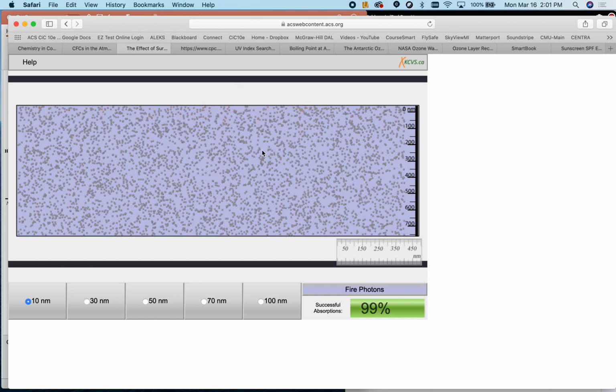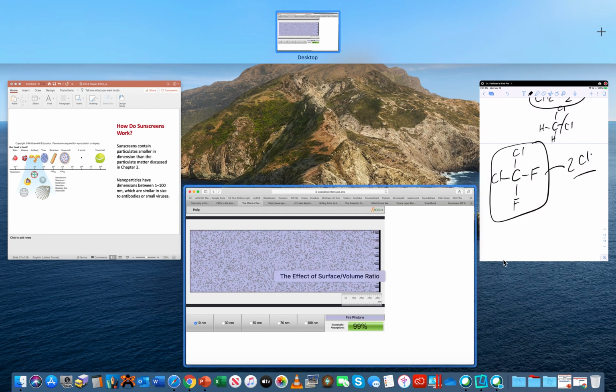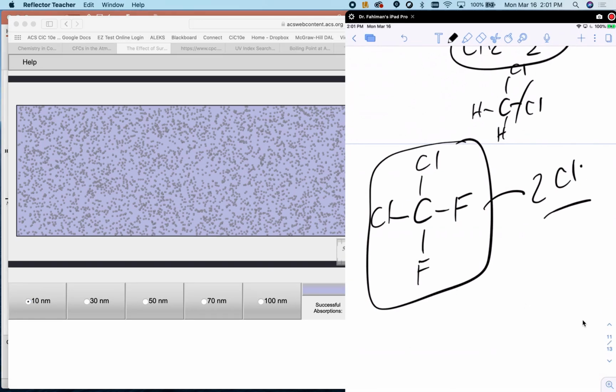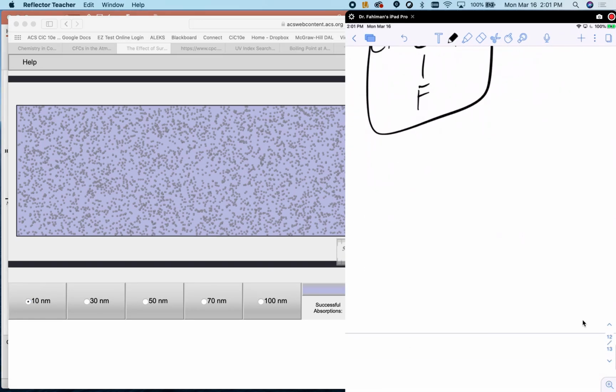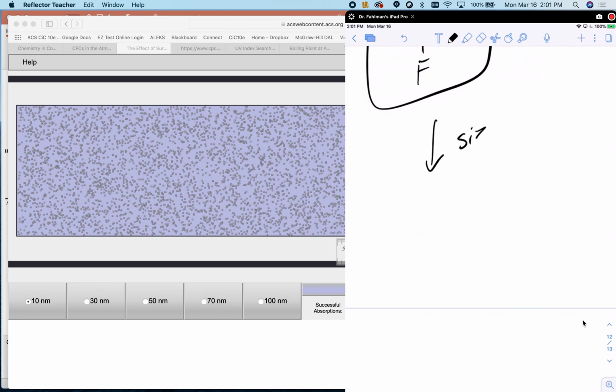This is showing a couple things. The size is changing and the number of them are also changing. But in general, as you decrease the size of nanoparticles, you increase their surface area.